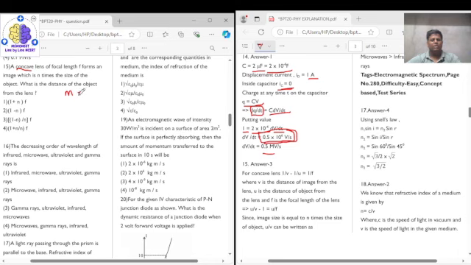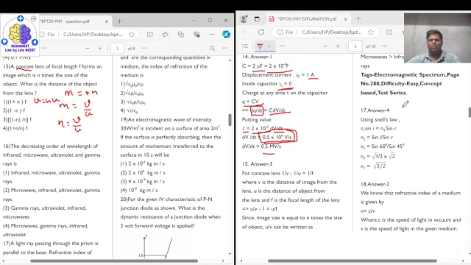So magnification is equal to plus n, right? Magnification is equal to v by u, so we can say n is equal to v by u. So from here we get v is equal to n times u.